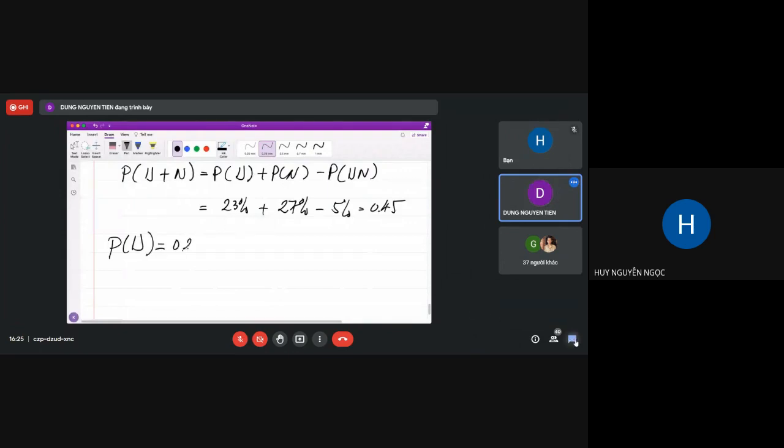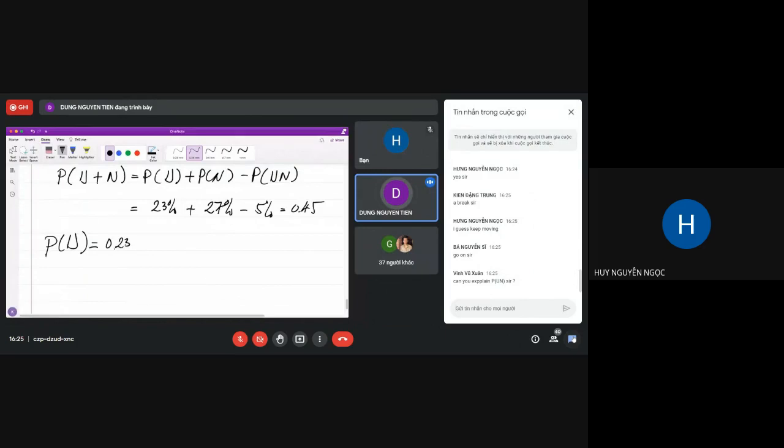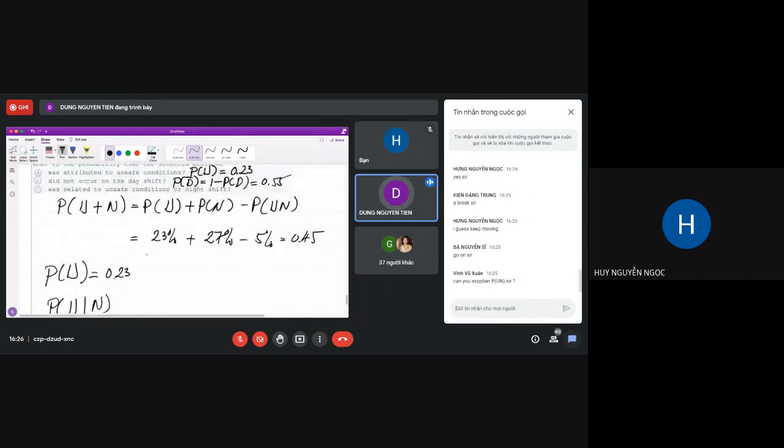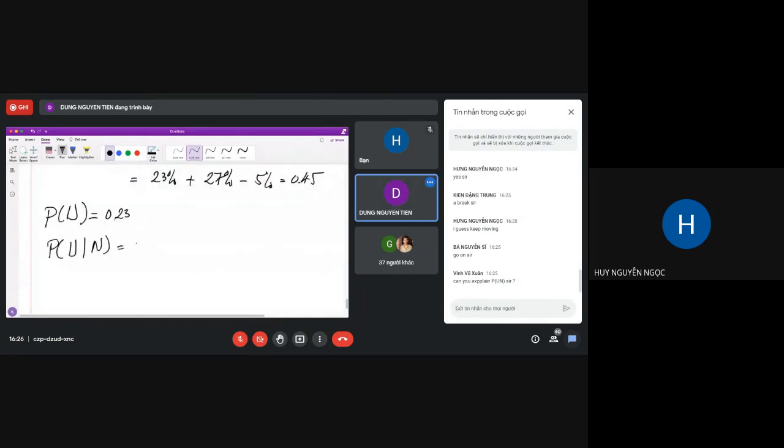In this case, you don't know any information about the shift, right? If you know that it is the night shift, then what is the probability that it is related to an unsafe condition? Should it be the same as 0.23?